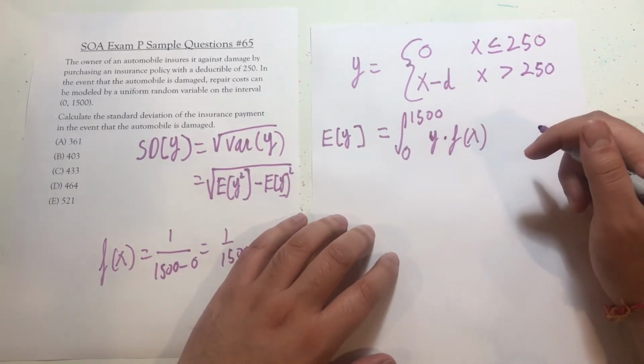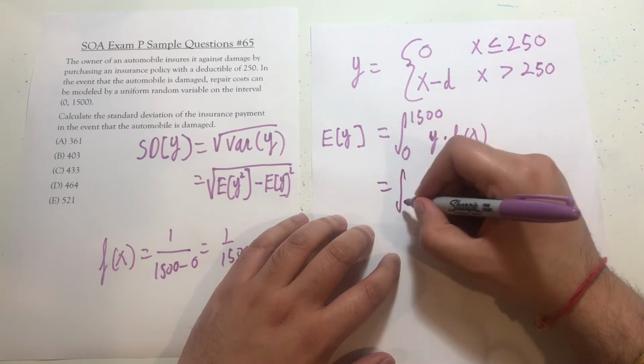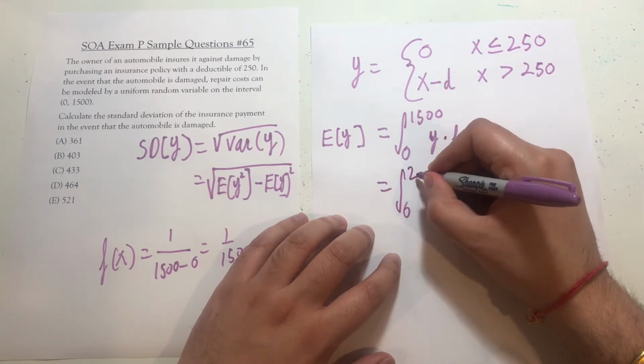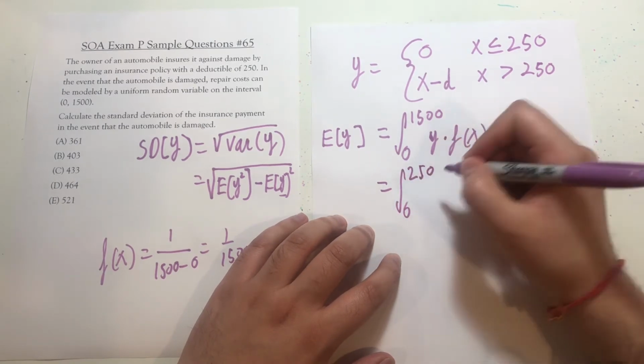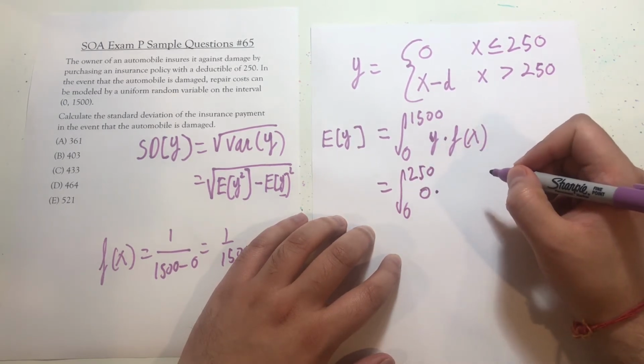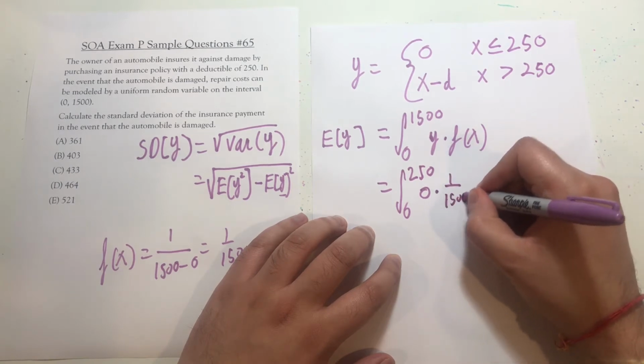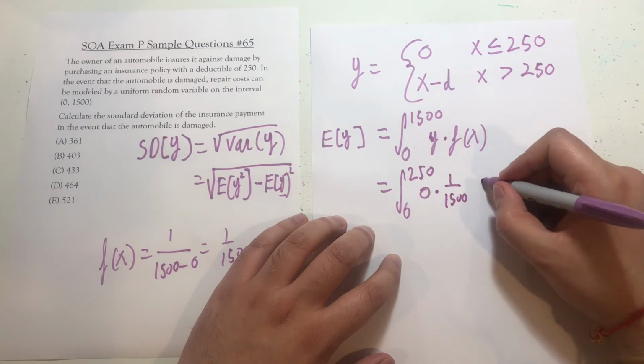So we're calculating this expected value. And since it's piecewise, it'll be broken up into two parts, for 0 up to your deductible. And in that case, my payment is 0 multiplied by my density, which is 1 over 1,500. Obviously, that's going to become 0 in a bit.